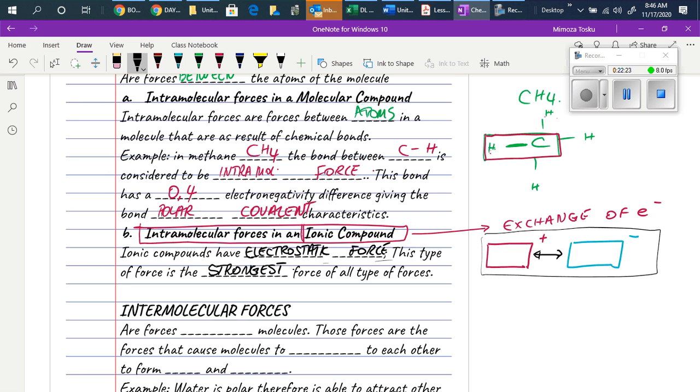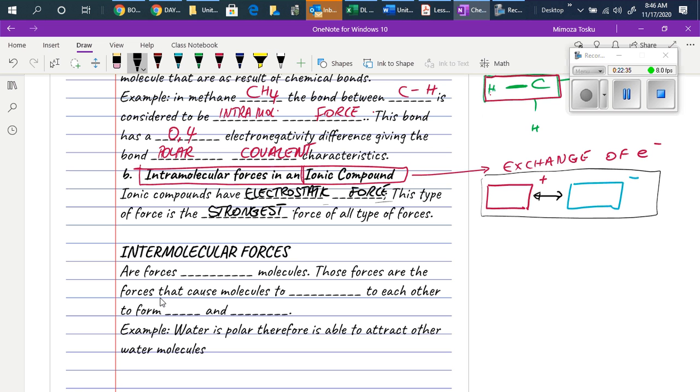Okay, so now intermolecular forces are forces that are in between molecules. Okay, so our forces between molecules. If intramolecular forces were forces within the molecule, intermolecular forces are forces between molecules.